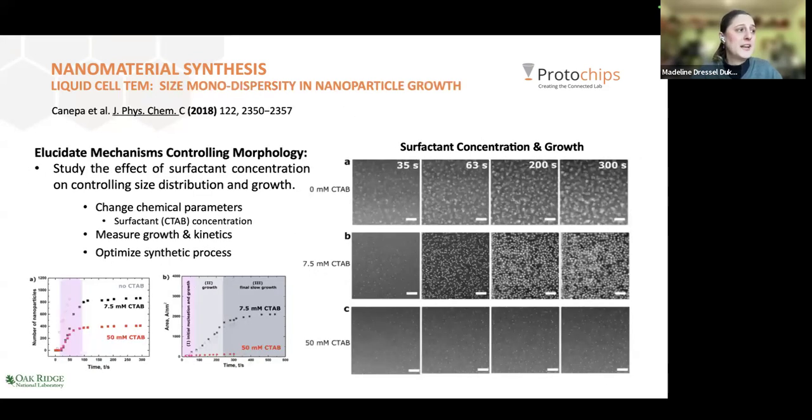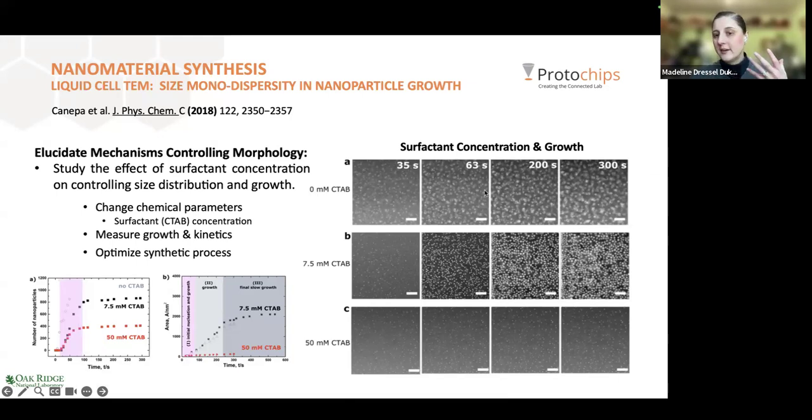Another similar type of study looks at the effect of the surfactant concentration in solution. I believe these are gold nanoparticles as well, again from a solution of just gold ion, but with different concentrations of CTAB. So a solution that is just the gold chloride in water, then 7.5 millimolar CTAB and 50 millimolar CTAB, with the same dose rate and the same time scale for each one.